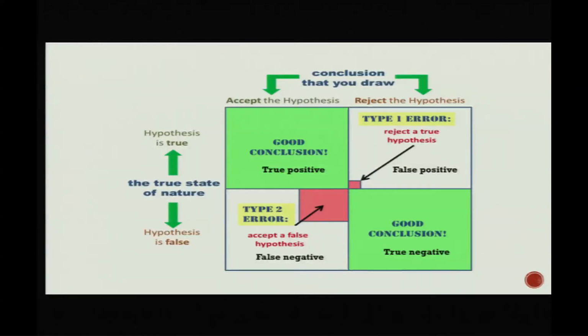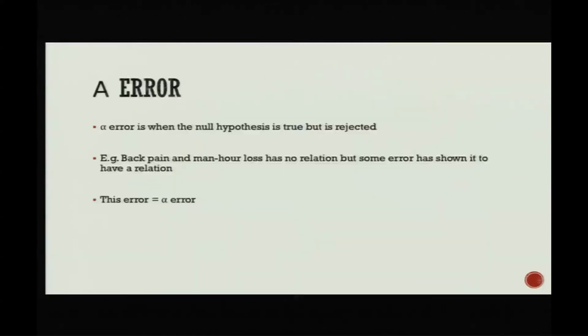It is also a false positive error, and you keep it at a very minimal amount, usually at around 5%, and depending upon the study you can reduce it to 1% as well. Whereas what is a beta error? That means when the null hypothesis is false, but there is some error in the study which leads to accepting your null hypothesis. That is known as the beta error.